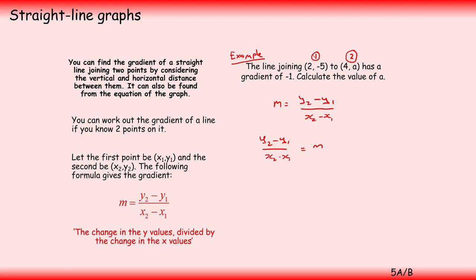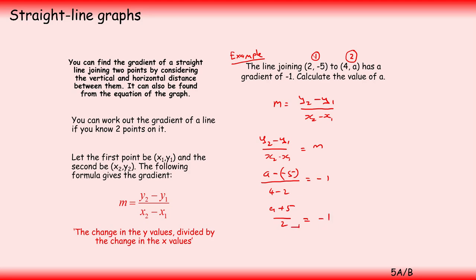And so we've got y2 minus y1, so it's going to be a minus minus 5, be careful of negatives, divided by x2, so these are second coordinates, so it'd be 4 minus 2, is equal to m, which they tell us is minus 1. So that means that a plus 5 divided by 2 is equal to minus 1.